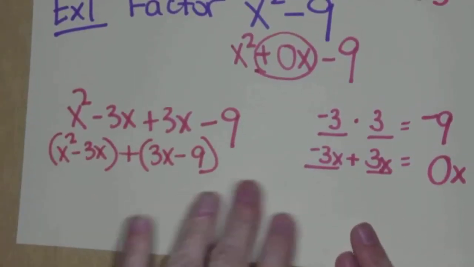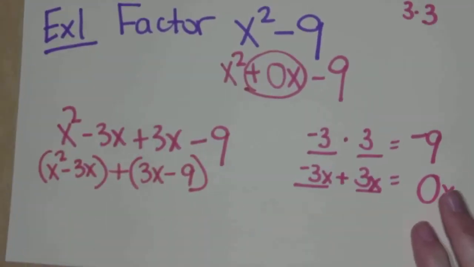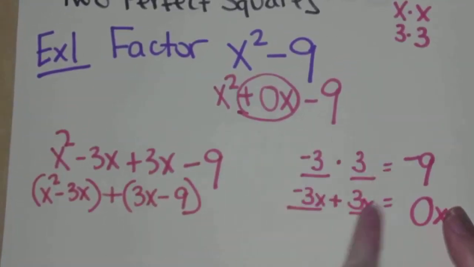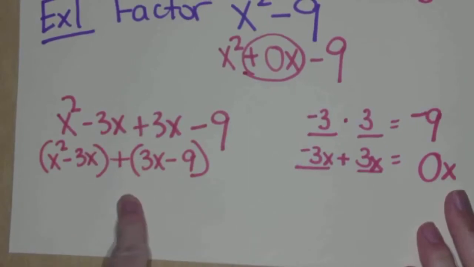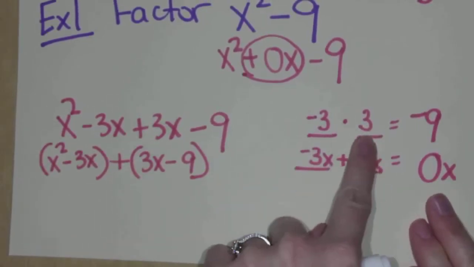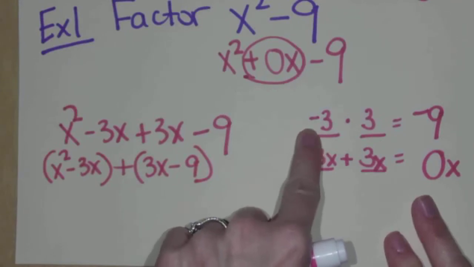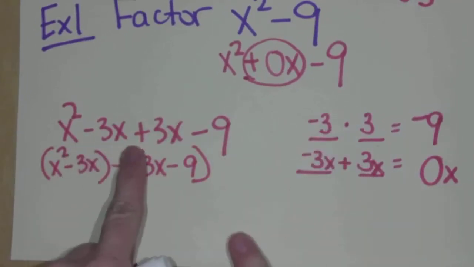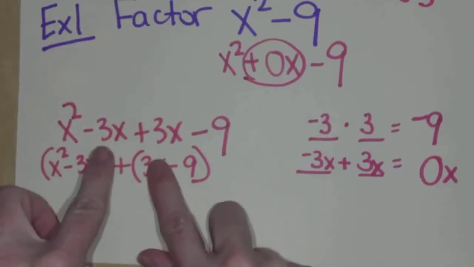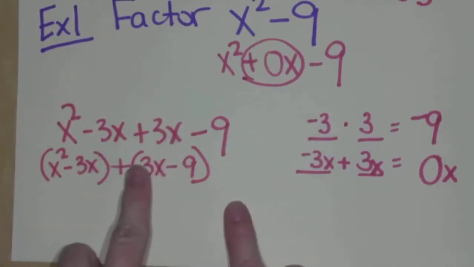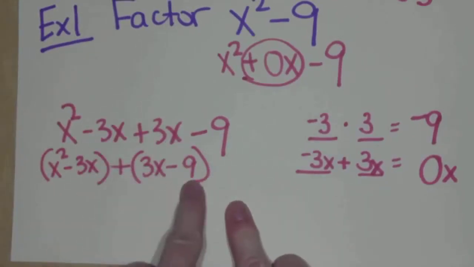To make life simpler in grouping, if one of my factors is positive and one is negative, I like to put the negative first, because that leaves me with a positive in between my second and third terms, and then I don't have to worry about switching my signs back here. Just a little food for thought.